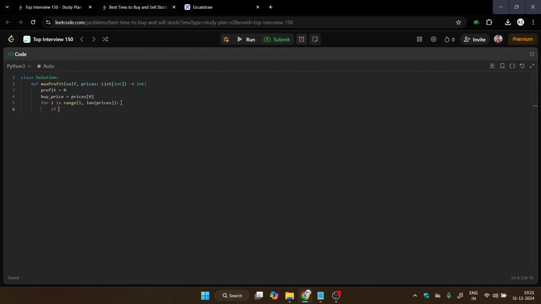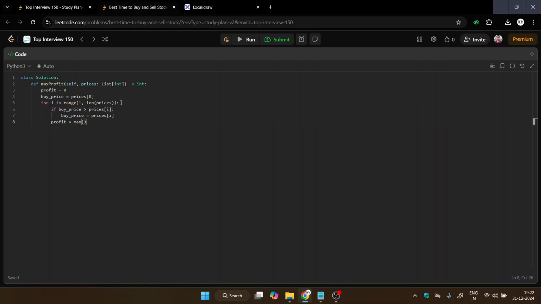Now what do we want to check here? We want to check whether the buying price is greater than the current price. Okay, the current price is prices[i]. If it is greater, what we have done over here is replace the buying price with the current price. Right? Now we want to get the profit over here. How will we get it?